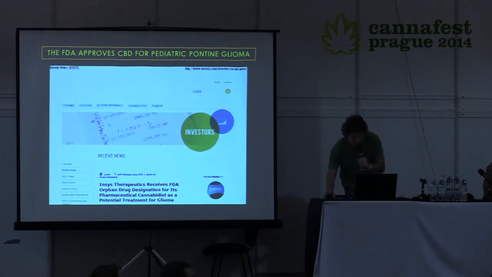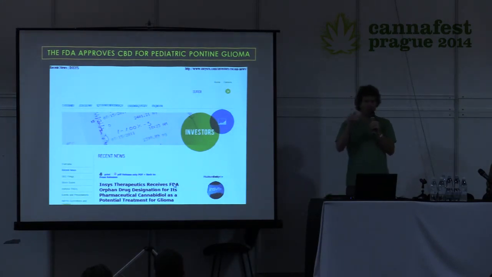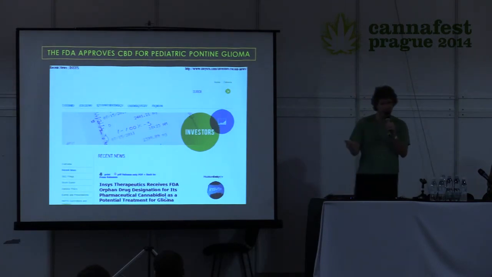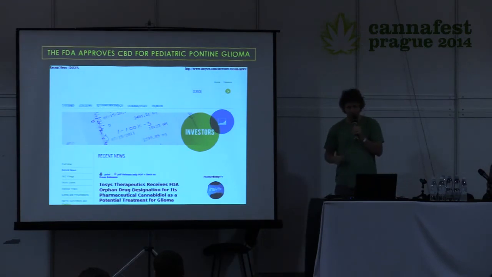For instance, 1 month ago, a drug company in the United States, Insys, got the approval of the Federal Food and Drug Administration, the regulatory agency in the United States for conducting clinical trials and for approving medicine, for cannabidiol, for the treatment not only of epilepsy, as most likely you know that cannabidiol is very effective in treating pediatric epilepsies, but now for the treatment of brain tumors.